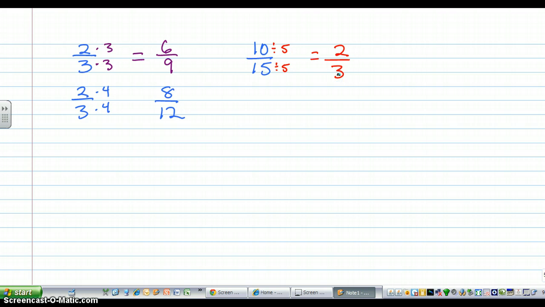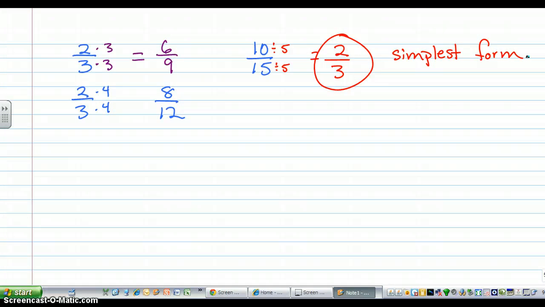I'm going to get 2/3. And there's no other number that I can divide both the numerator and the denominator by, so we say this is in simplest form. Alright, so that's equivalent fractions, and that is also simplest form.